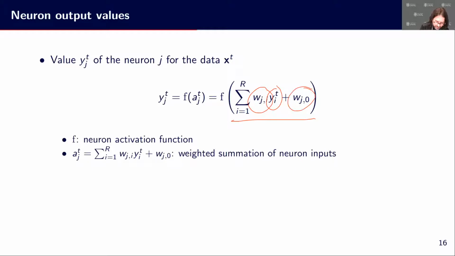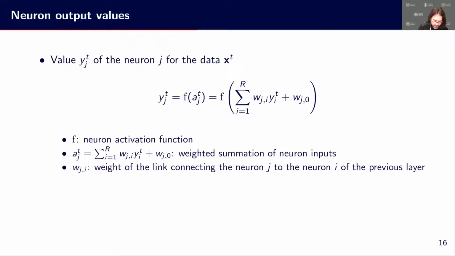We can see the weights, the inputs, and the bias, which give us the a value, the value that is given to the activation function. Then we have the weight w_ji, which connects neuron j on the current layer with neuron i from the previous layer.